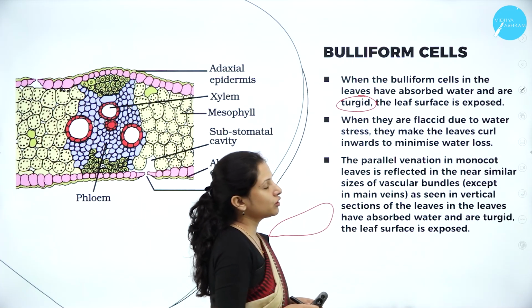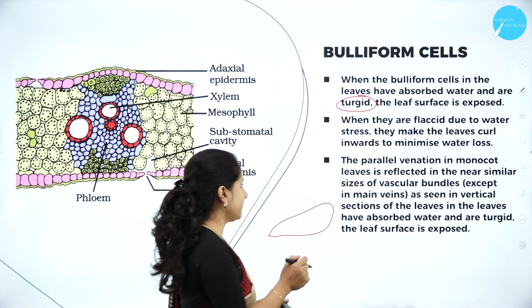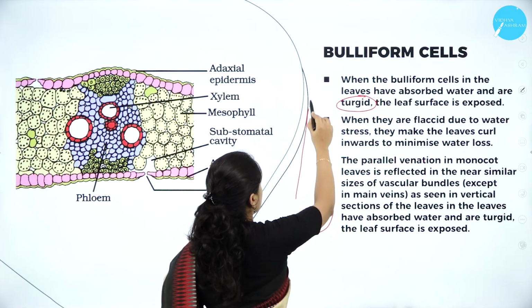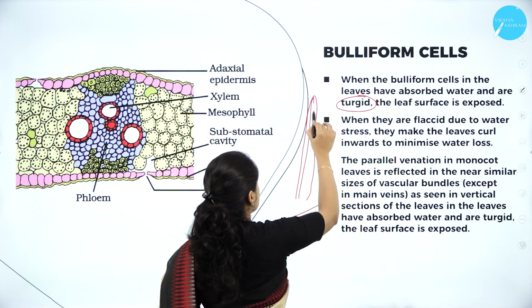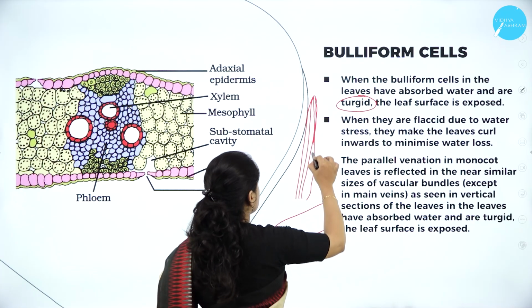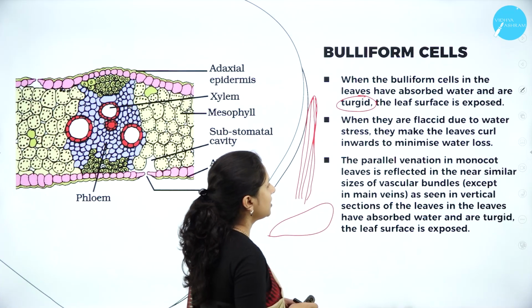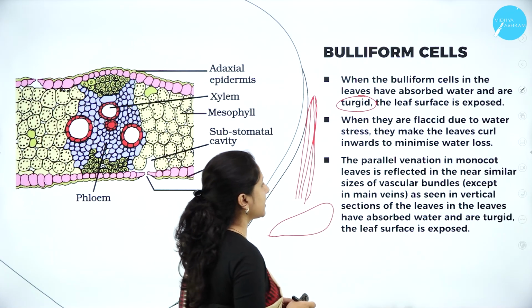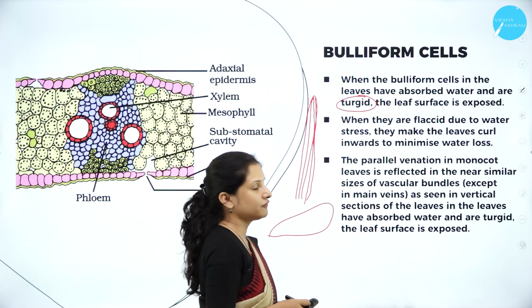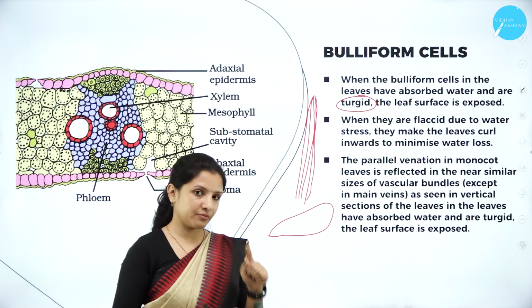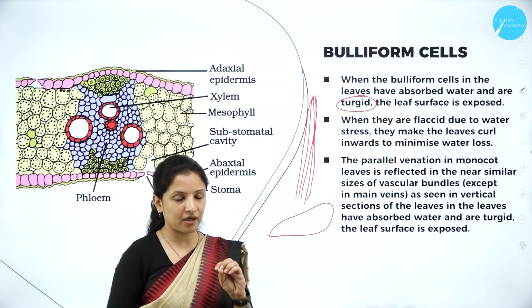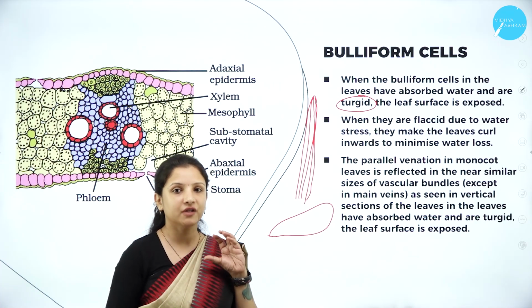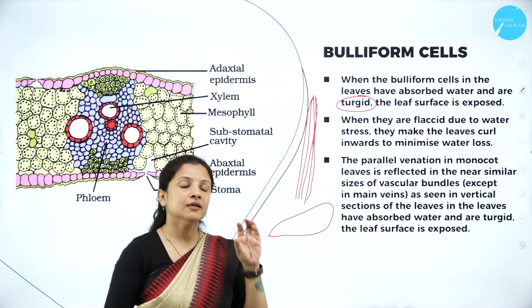In monocots, we know that they have parallel venation, right? So I'll draw the leaf of a grass wherein they have entirely parallel venation. Parallel venation in monocots is reflected in the near similar sizes of the vascular bundles. If you remember, in dicots I told you the size of the vascular bundle depends on the size of the veins and the midrib, right?